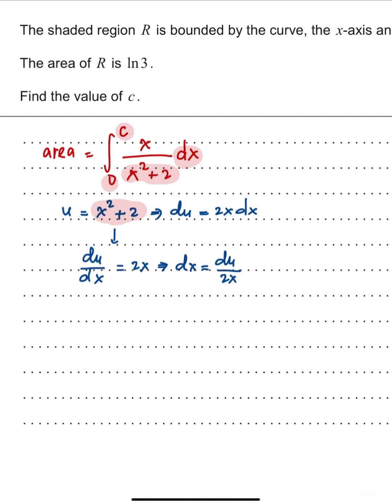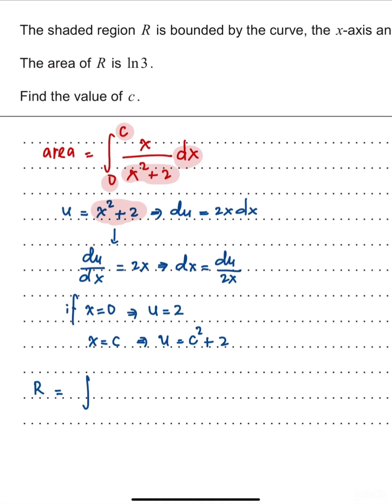That means it is bounded from x equal to 0 until x equals c. If x equals 0, u equals 2. If x equals c, u equals c squared plus 2.